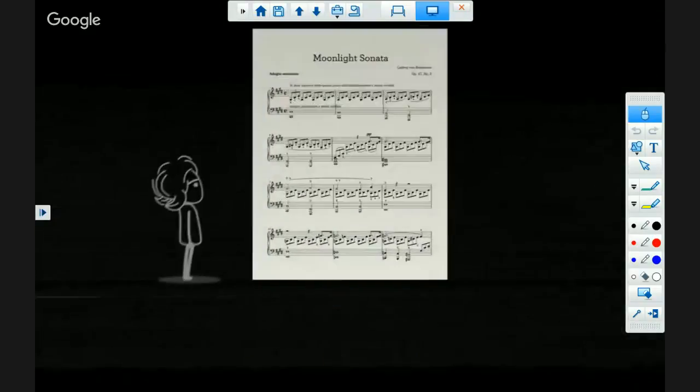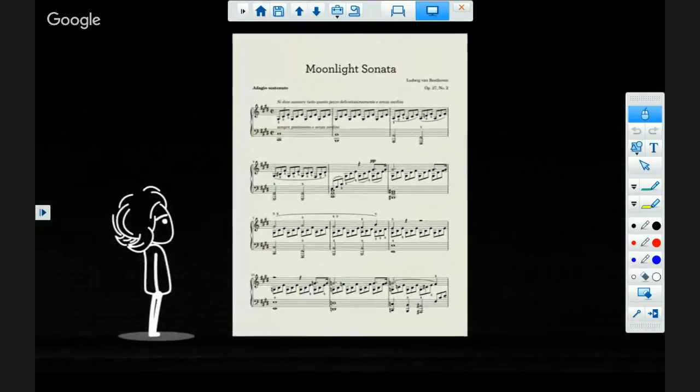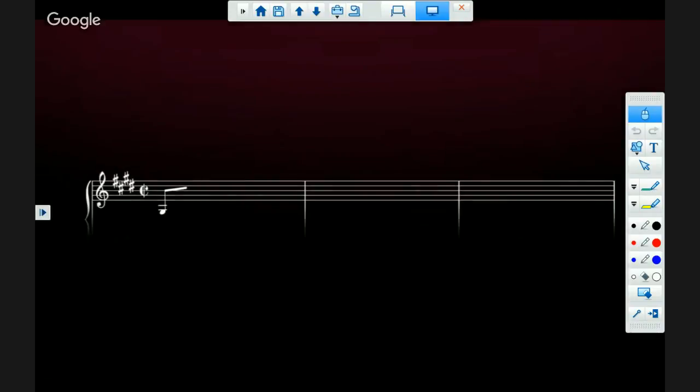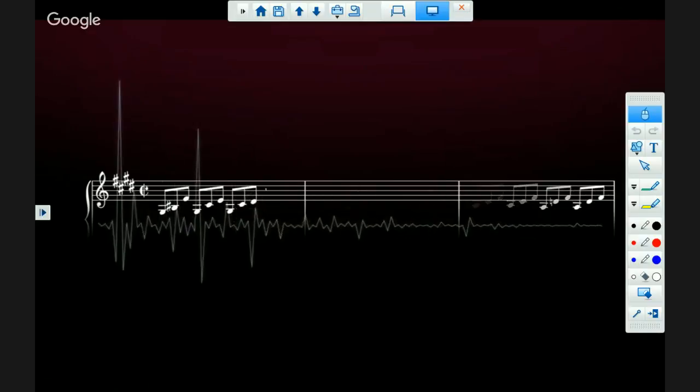Let's take a look at the famous Moonlight Sonata, which opens with a slow, steady stream of notes grouped into triplets. 1 and 2 and 3 and. But though they sound deceptively simple, each triplet contains an elegant melodic structure, revealing the fascinating relationship between music and math.